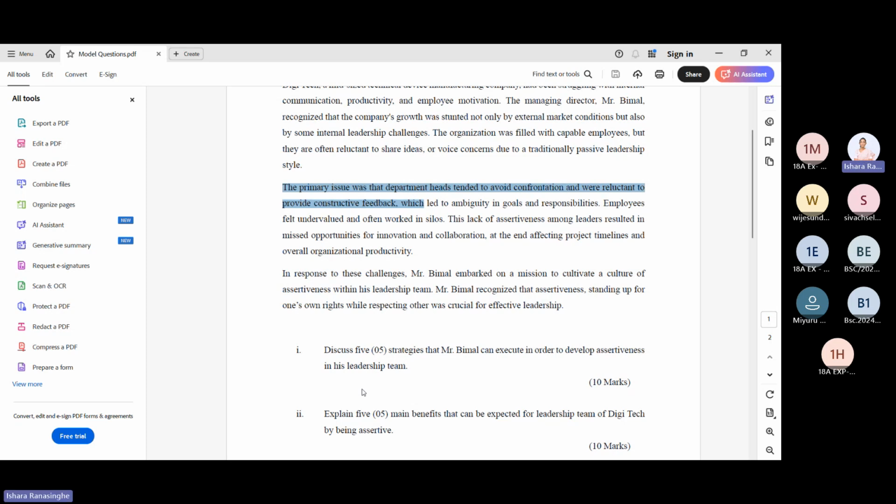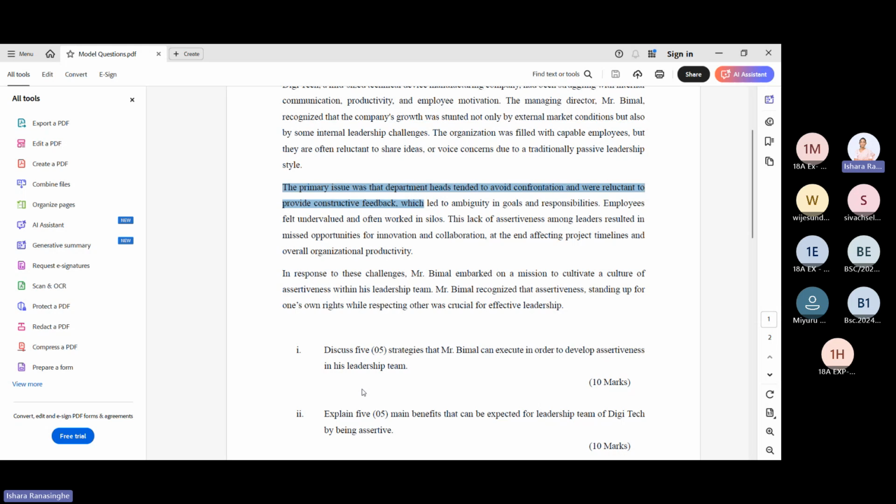It's a very simple thing. From these questions, all of you can achieve at least 18 marks out of 20. This is not a technical question. Here also, when you are writing 5 points and explaining the 5 benefits without applying them to the case study, you will receive 5 marks.